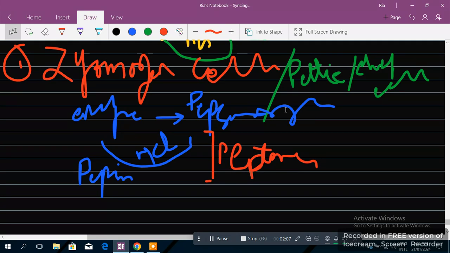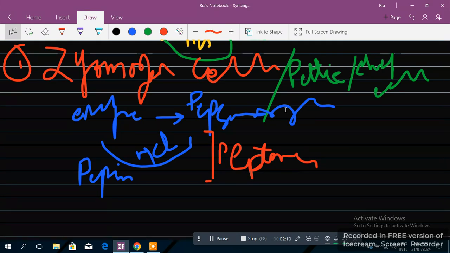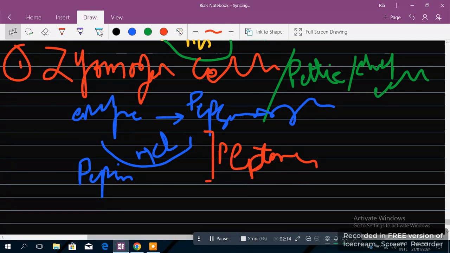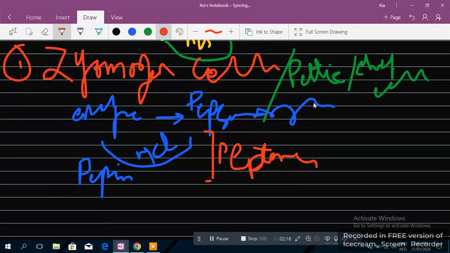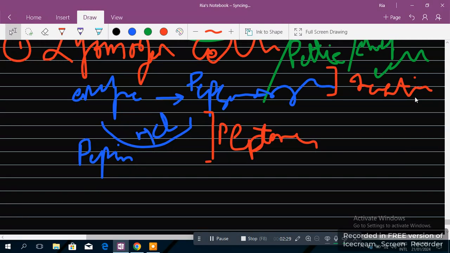So we basically say it's protein, then peptides, then peptones. So this only helps in converting pepsinogen, which was inactive. It gets activated by HCl, which helps convert it into pepsin, right?